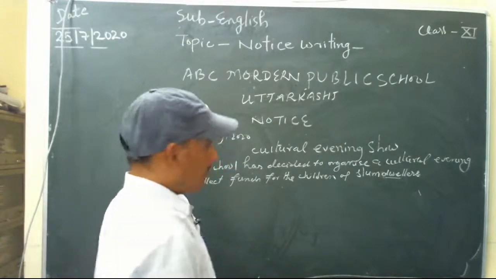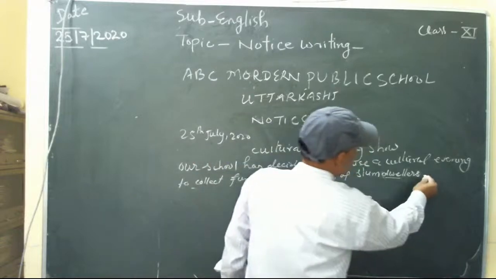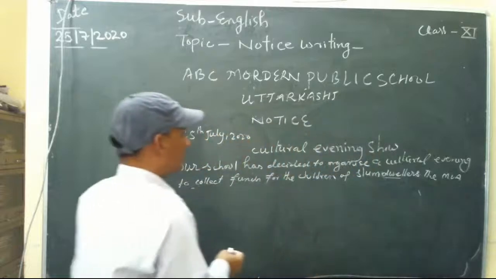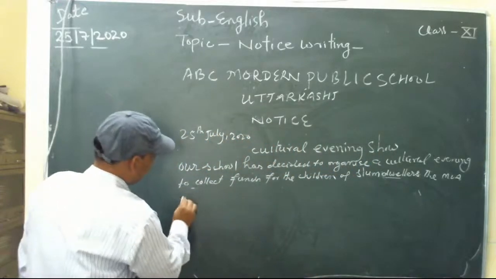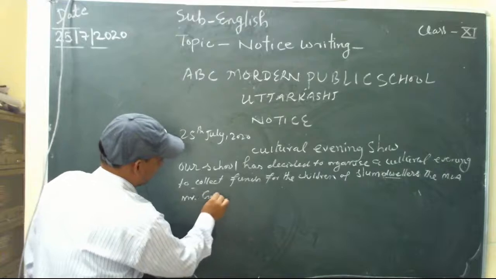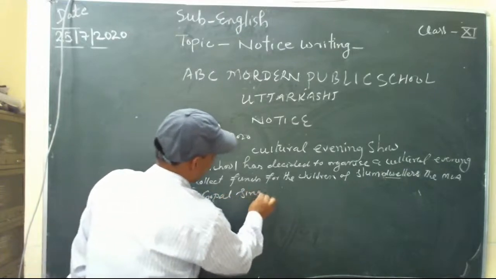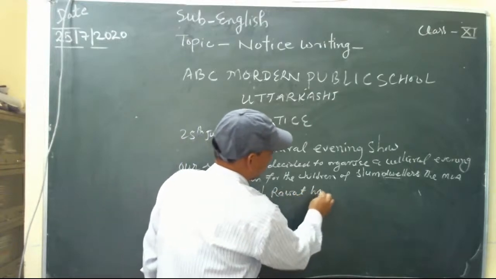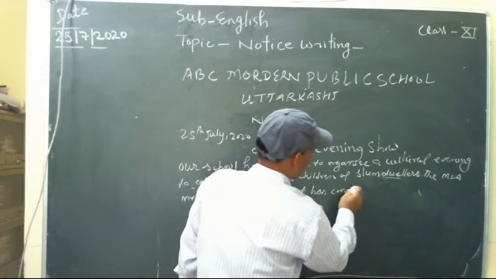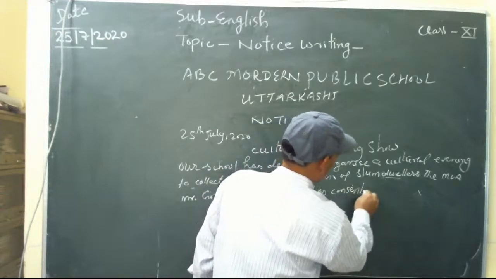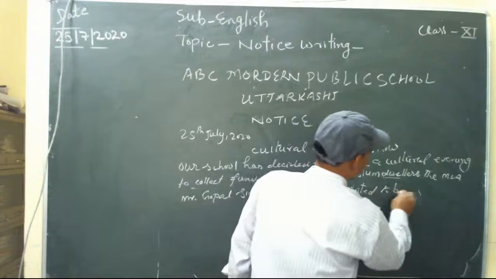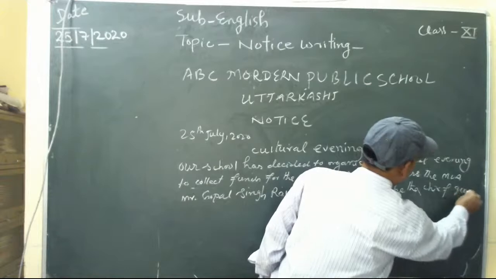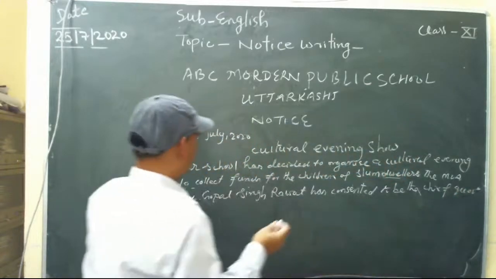Now again you can write one more piece of information, the MLA. So who is the MLA? Now you can write, Mr. Gopal Singh Rawat has consented to be the chief guest for the occasion.